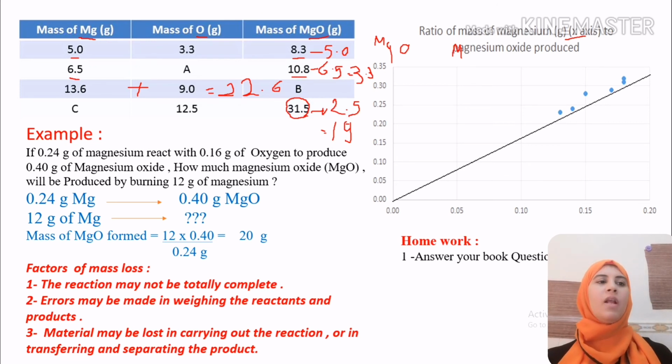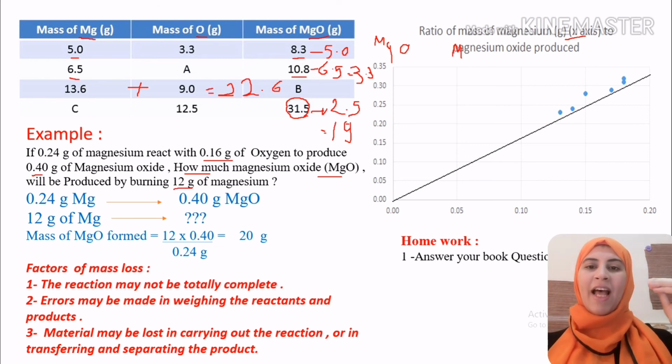Okay? We have an example: if we react 0.24 grams of magnesium with 0.16 gram of oxygen to produce 0.40 gram of magnesium oxide, how much magnesium oxide, MgO, will be produced from burning 12 grams of magnesium?